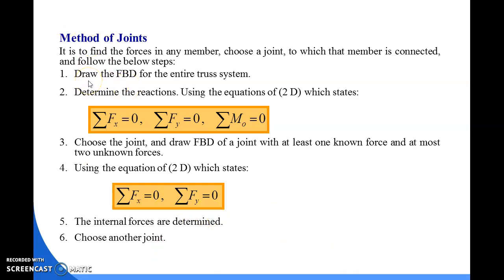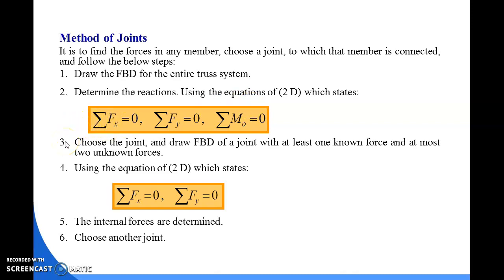First, we need to draw the free body diagram of the entire truss system. Then second, determine the reactions by using the equations of equilibrium, and these two steps belong to external analysis.